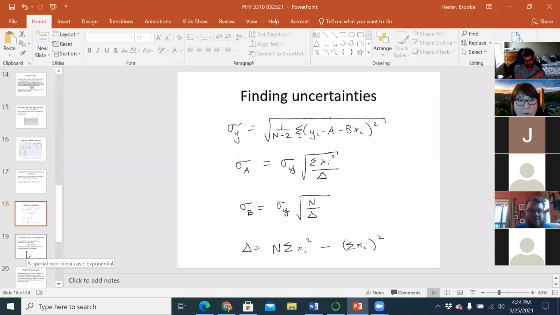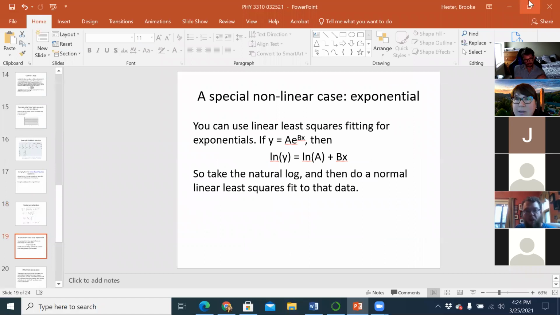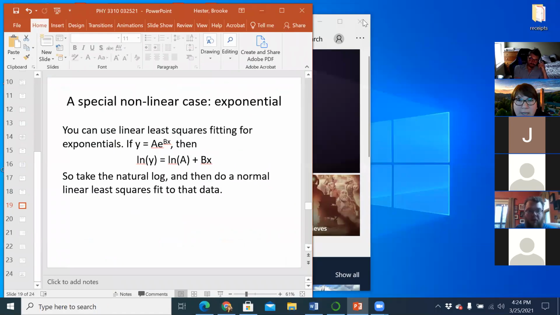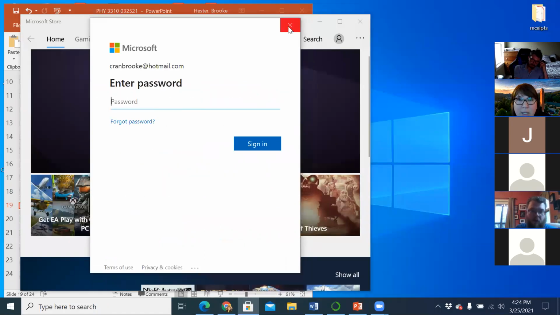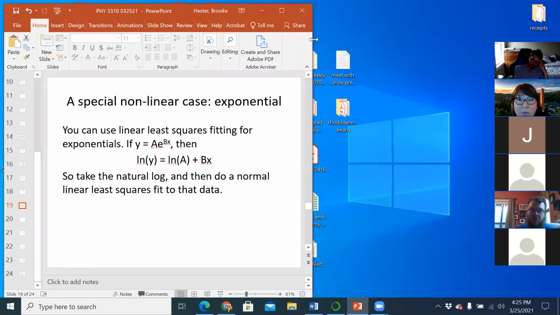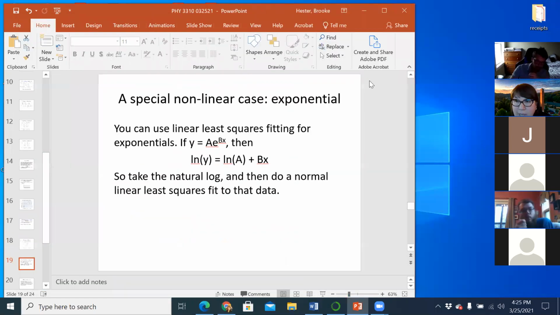Okay, so as we said, the linear least squares technique can be used for nonlinear cases. A special case is exponential because you can take an exponential and turn it into a line, basically.